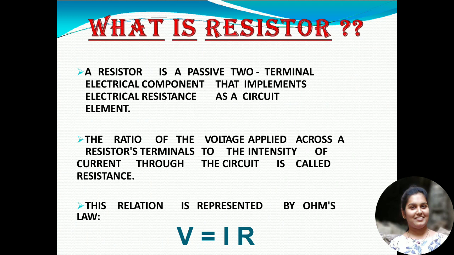According to Ohm's law, V is directly proportional to I into R. From this expression, we get R equal to V divided by I. That is, the amount of voltage applied across the resistor terminals and the intensity of the current flowing between the terminals will give the value of resistance.